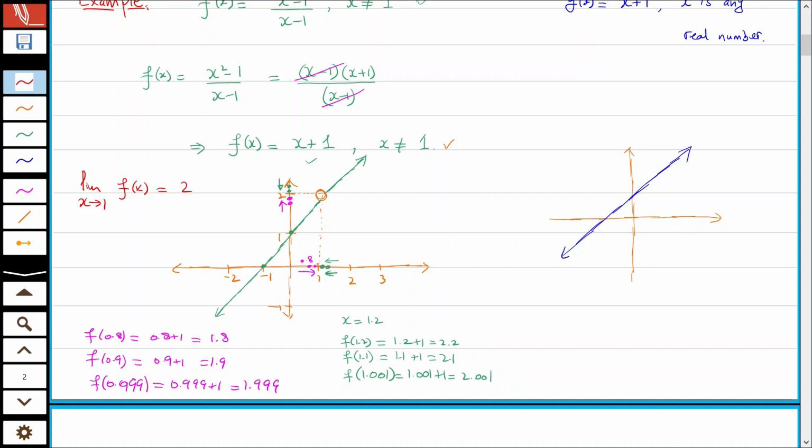And once again, we do not mean here that f of 1 equals 2. We don't mean this. What we are saying is, as you go close to x equals 1 on the x-axis, you'll be going closer to 2 on the y-axis as a y value.